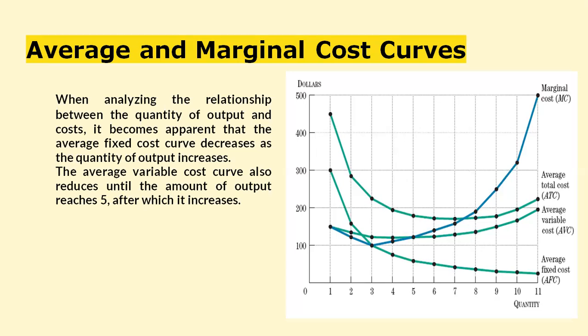The average variable cost curve also decreases until the quantity of output reaches 5, after which it increases.